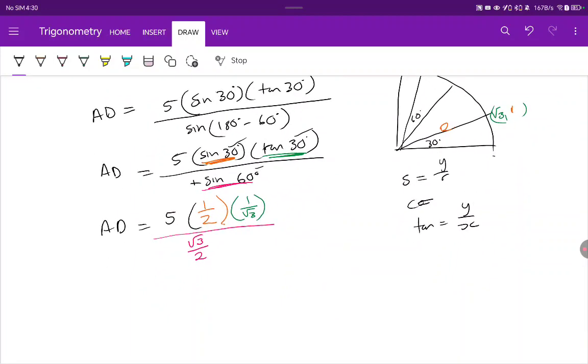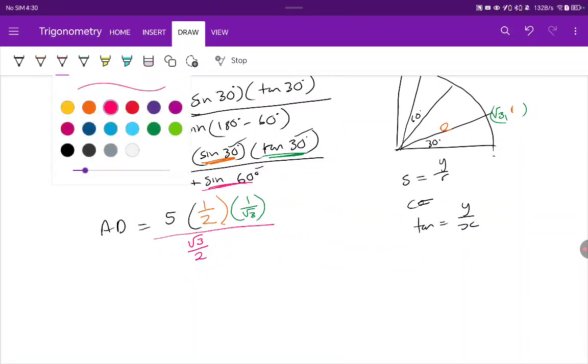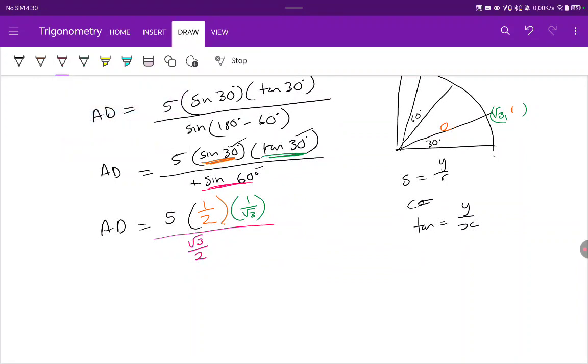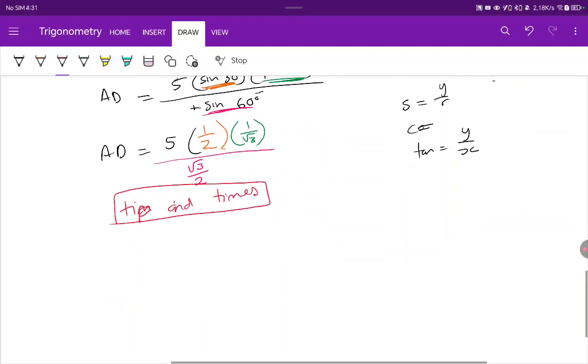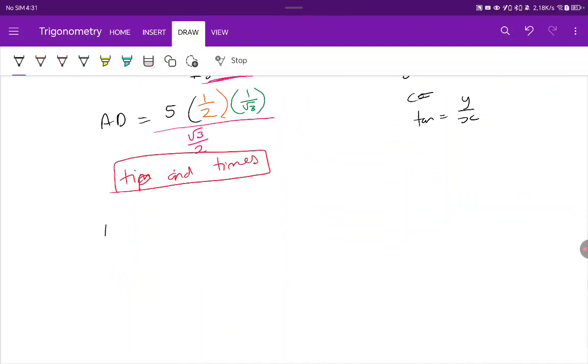Well, what I suggest you do here is, because we're doing a fraction on the top divided by a fraction, I want you to do tip and times. What does this mean? I want you to take the numerator, leave it alone. AD is equal to the numerator.